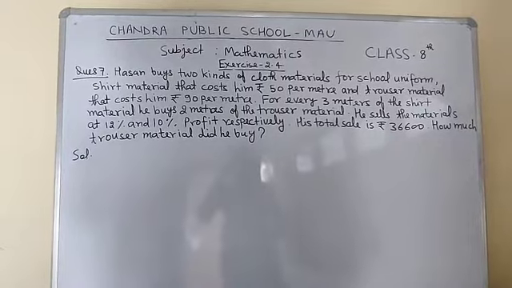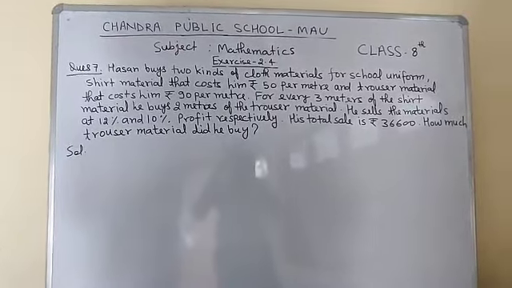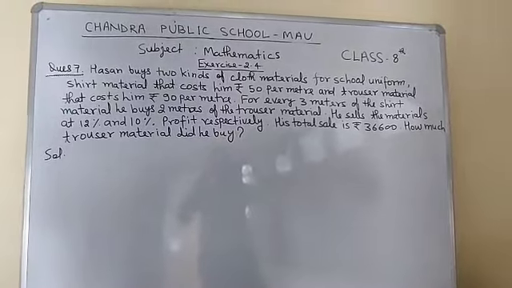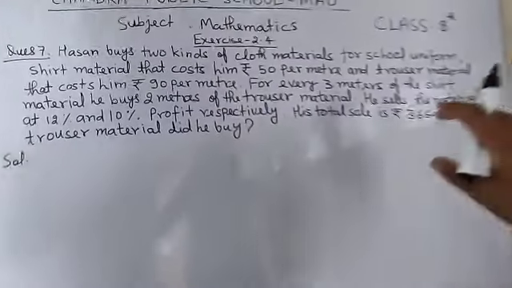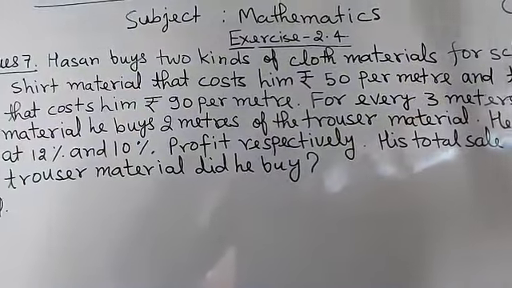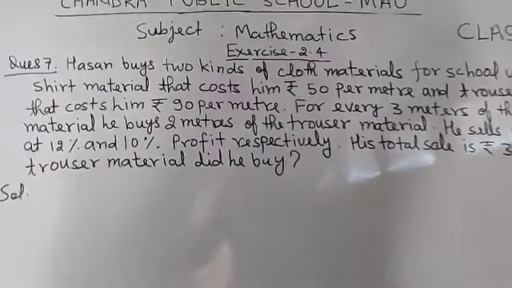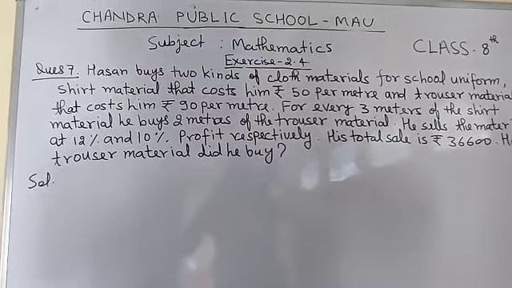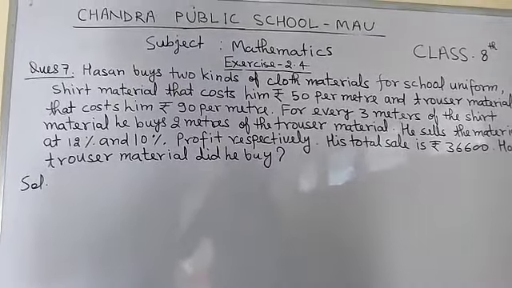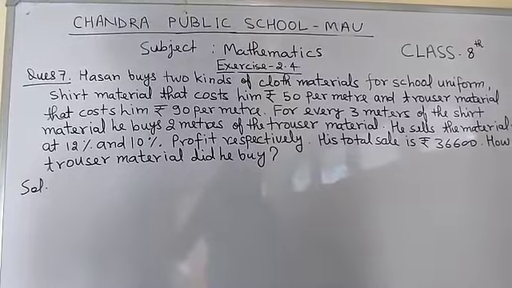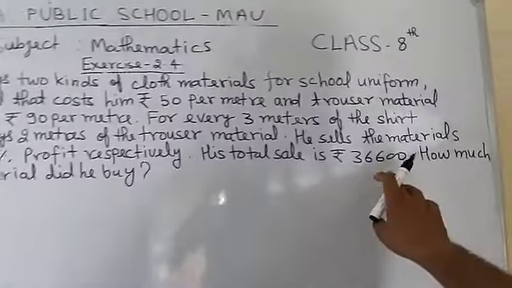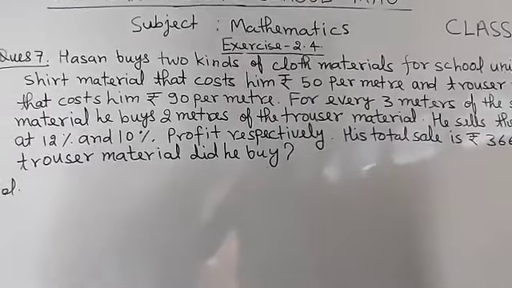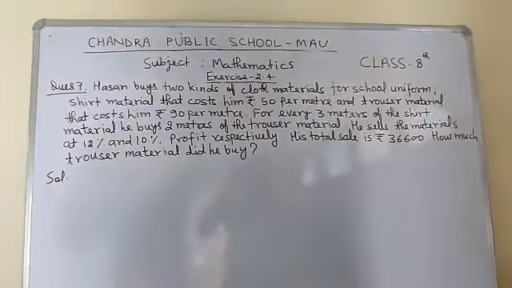If he buys 3 meters of the shirt, then he buys 2 meters of the trouser material. It means the ratio between shirt and trouser material is 3:2. Here the total selling price and profit percent are given, and you need to find how much trouser material that person bought.